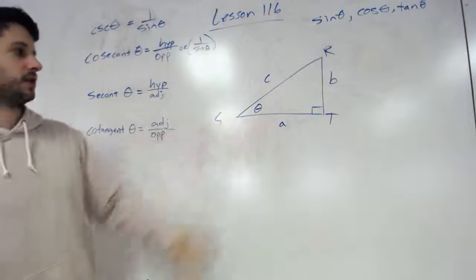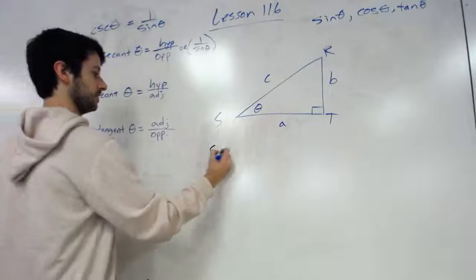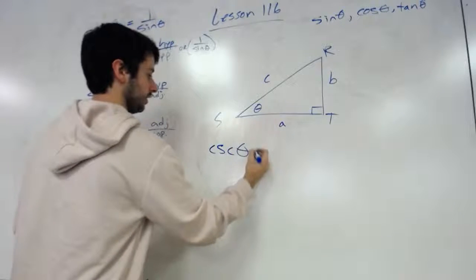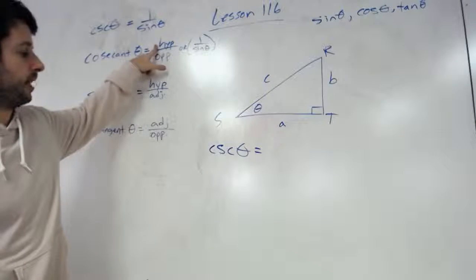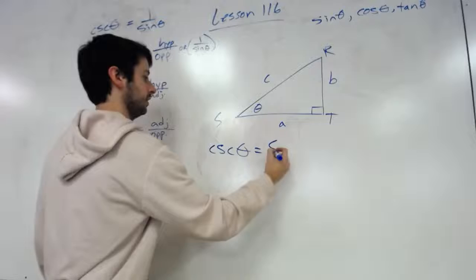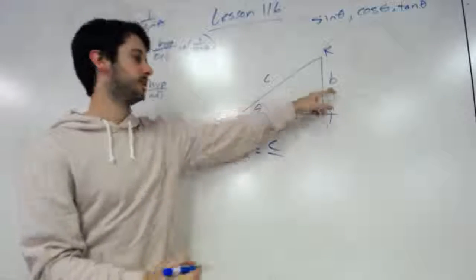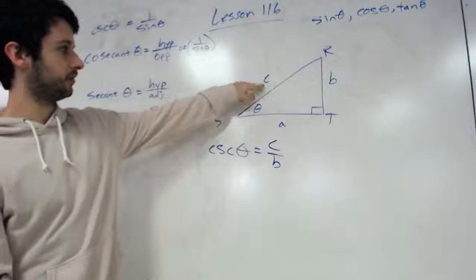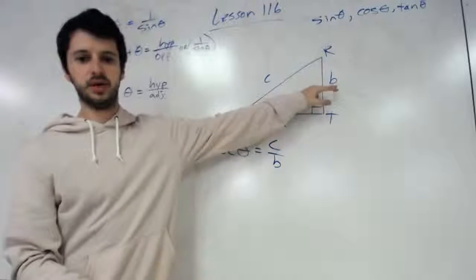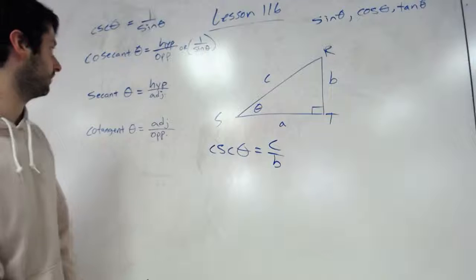So if it gives us this triangle here, and it says, what is cosecant of theta? Okay, well, we find theta. We look at our hypotenuse of C, and our opposite is B. So cosecant of theta equals C over B. Hypotenuse over opposite.